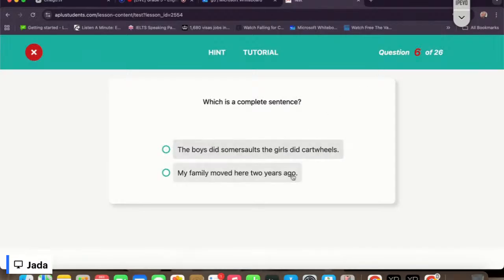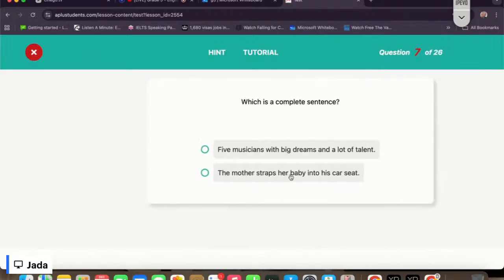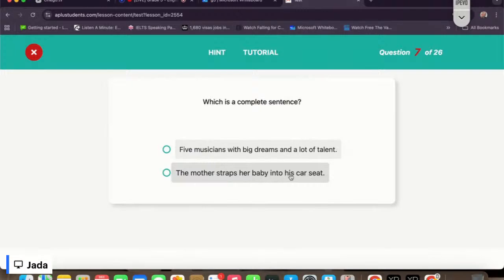So "My family moved here 2 years ago." So complete sentence. Then which is the complete sentence also here? First or second?